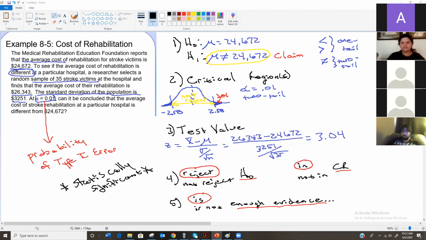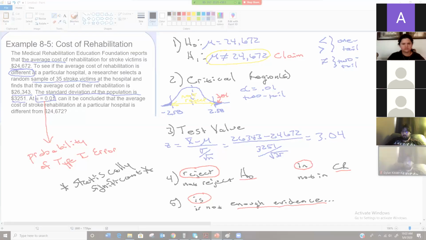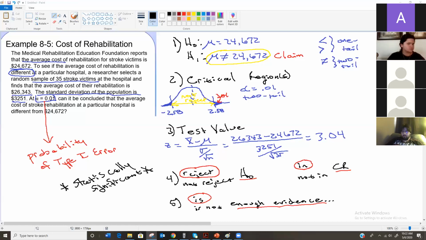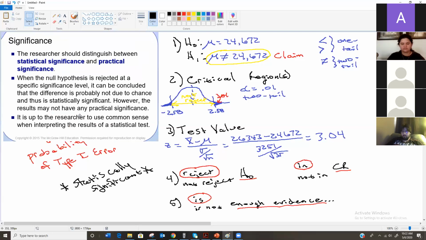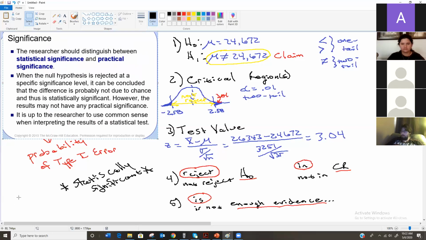Let me pull this up, because this is exactly what we were just talking about. You should have a slide that says this, even though we're going to skip those examples. The researcher should distinguish between statistical significance and practical significance.